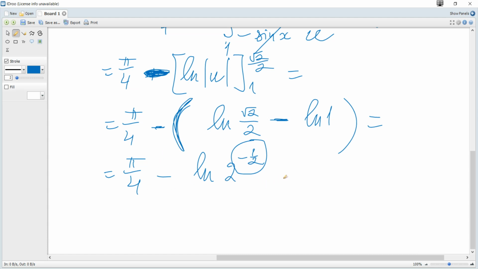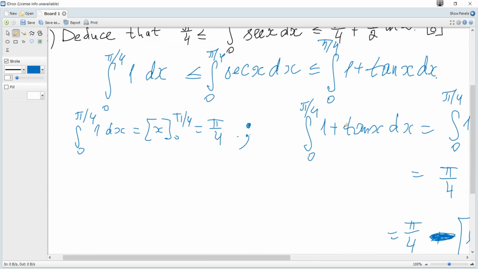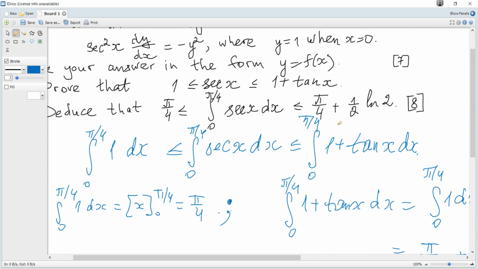So it becomes finally pi over 4 minus negative, so plus a half ln 2, as required.